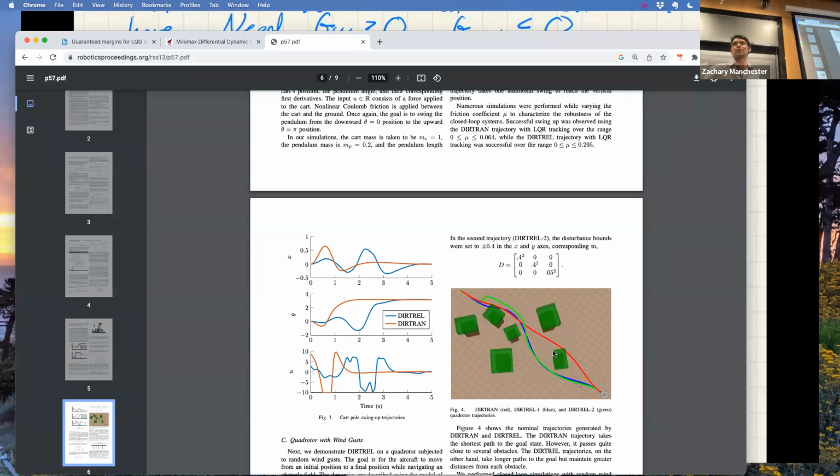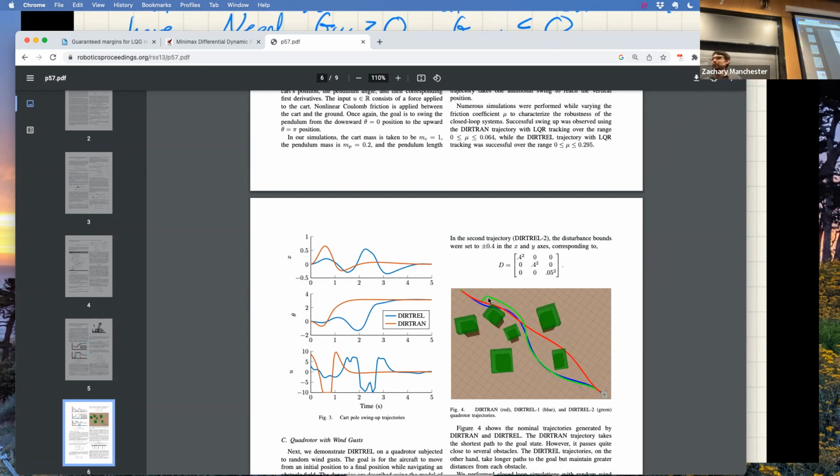The problem is your quadrotor is underactuated. So you can imagine if I'm weaving between the trees, flying really close to the trees, and I get hit by a wind gust, I can't do anything and I'm going to hit and crash into the tree, right? And then if you jack up the disturbances that it has to account for, you start getting these new trajectories that swing way wider around the tree.